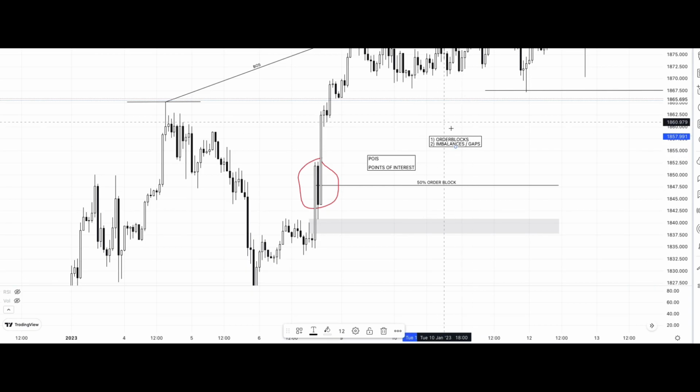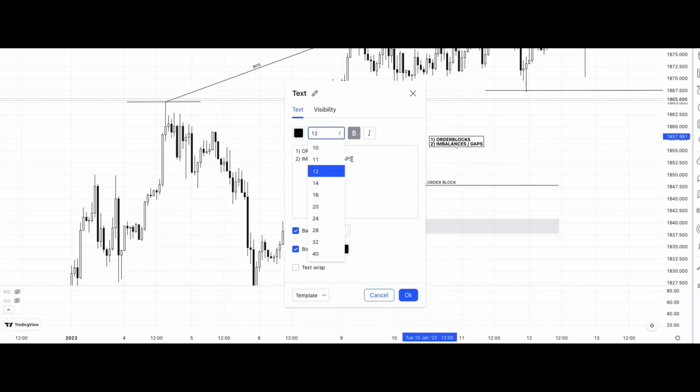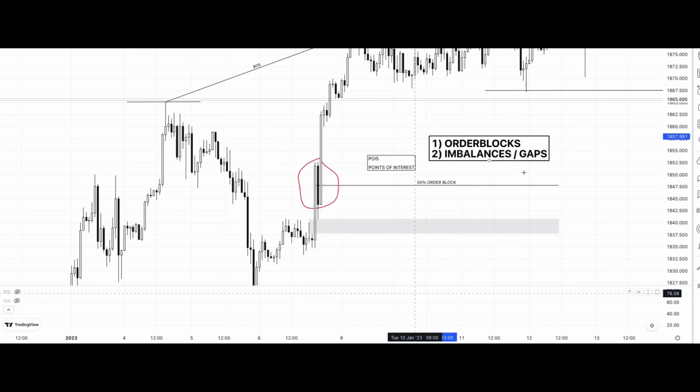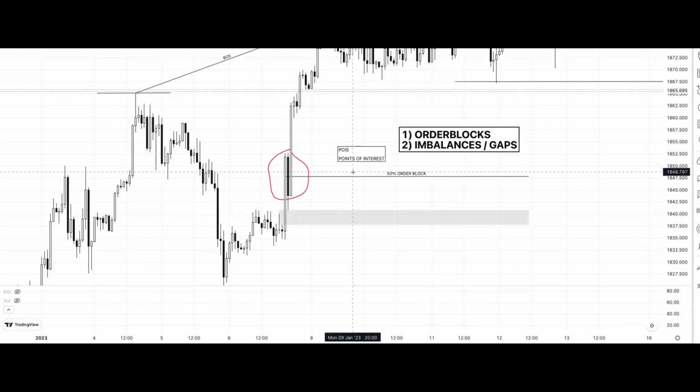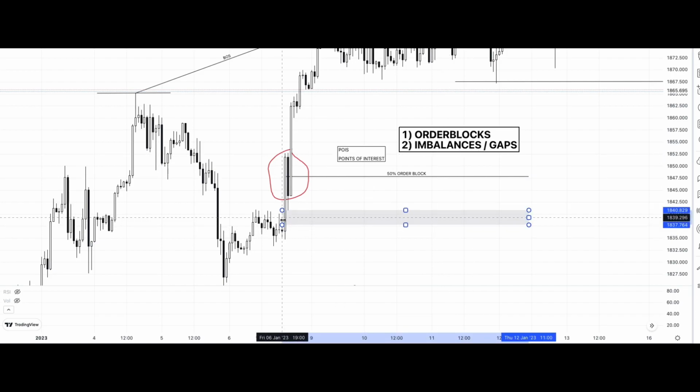So this is what you want to focus on when you first start out learning Wyckoff smart money. When you're learning your market structure, volume, liquidity, and so on, before you get into schematics like accumulation, distribution, redistribution, reaccumulation, you want to focus on mastering order blocks and imbalances and understanding which order blocks and imbalances to take.